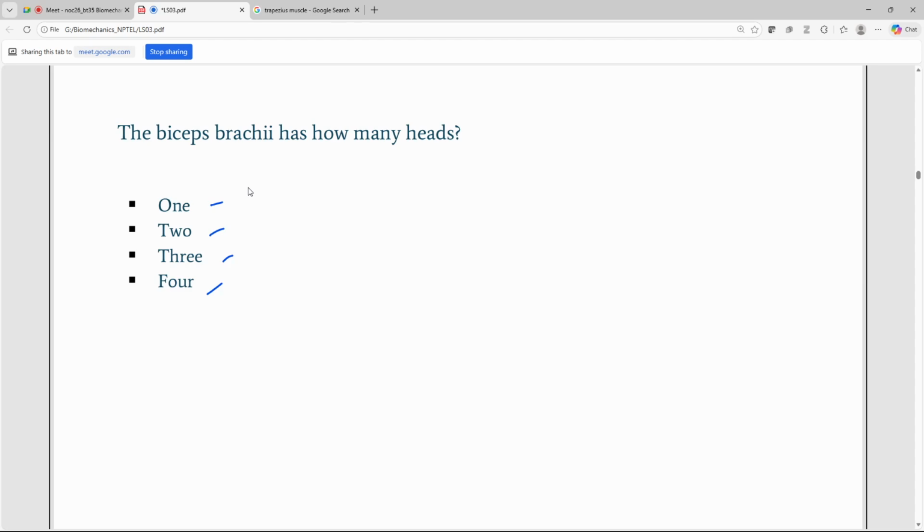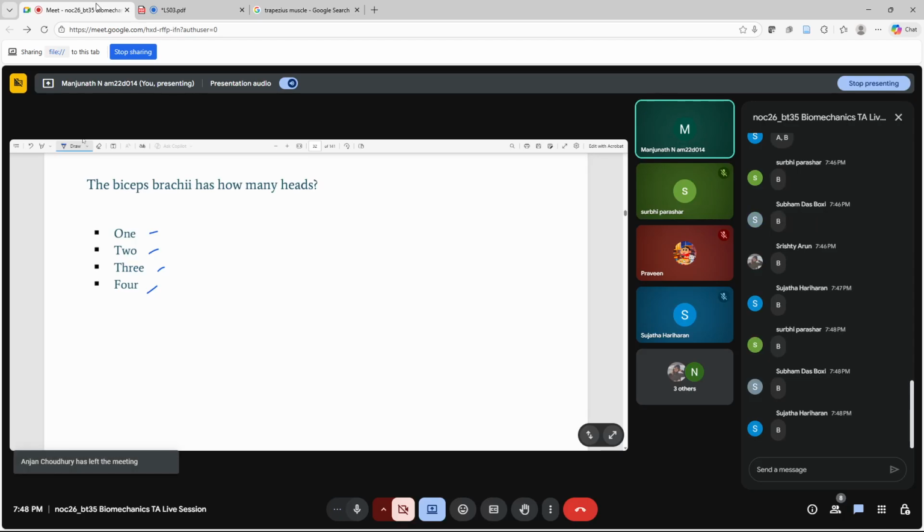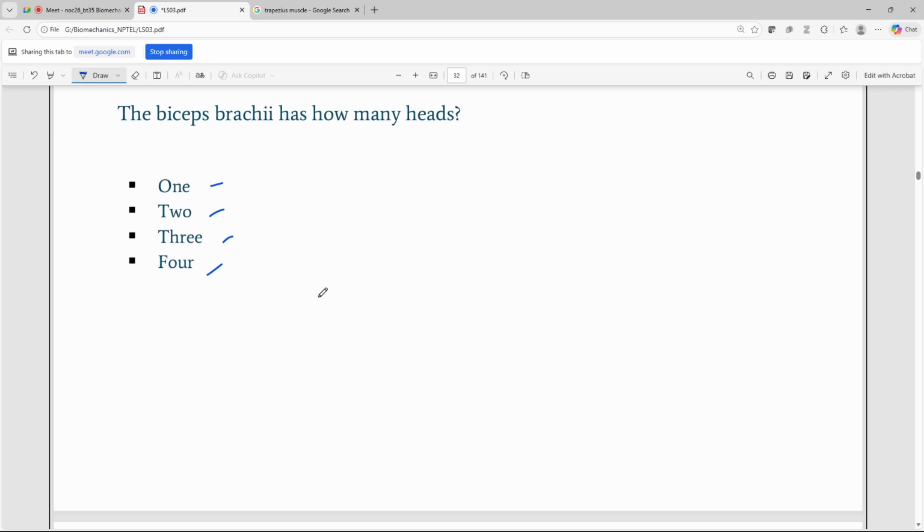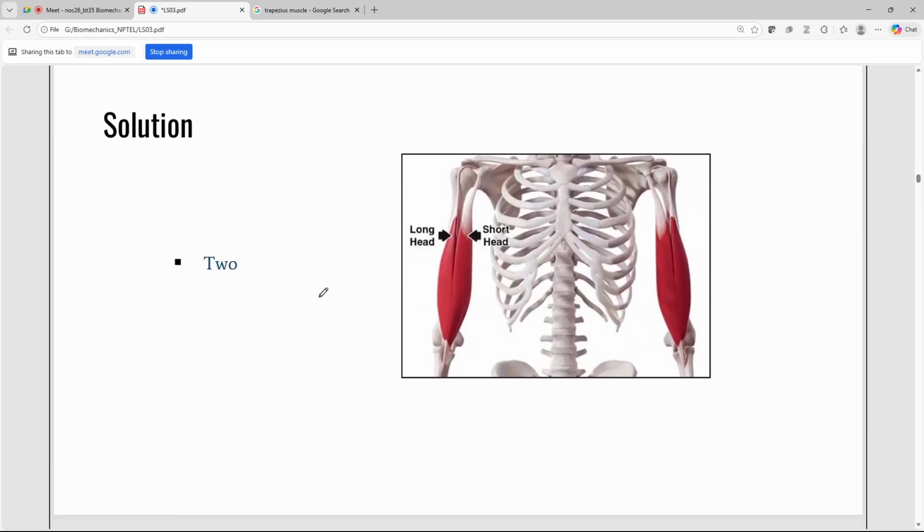So how many heads are there for biceps brachii? Yes, there are two heads for biceps brachii. Which ones? One is the long head and the other one is the short head.